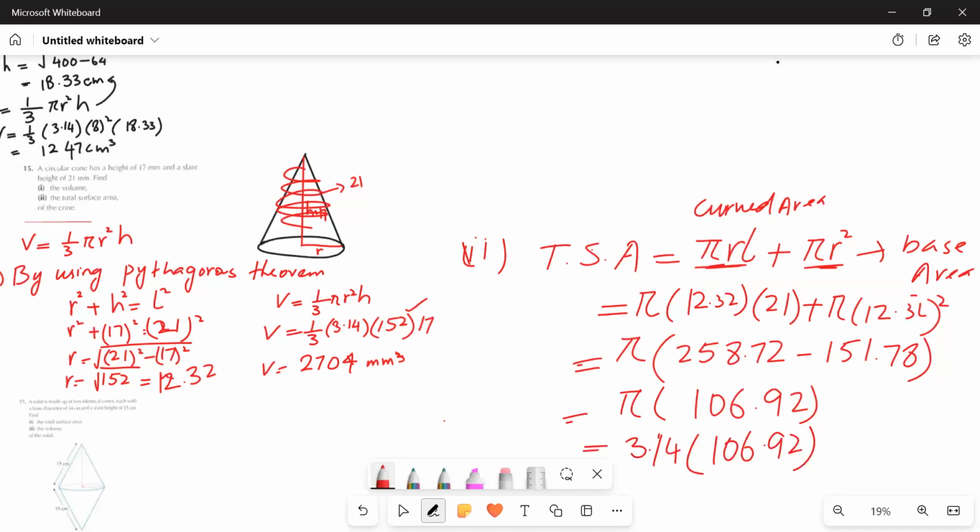It is 21 point something, and then 12 point something square, and then what is the answer? I got 335.7288.